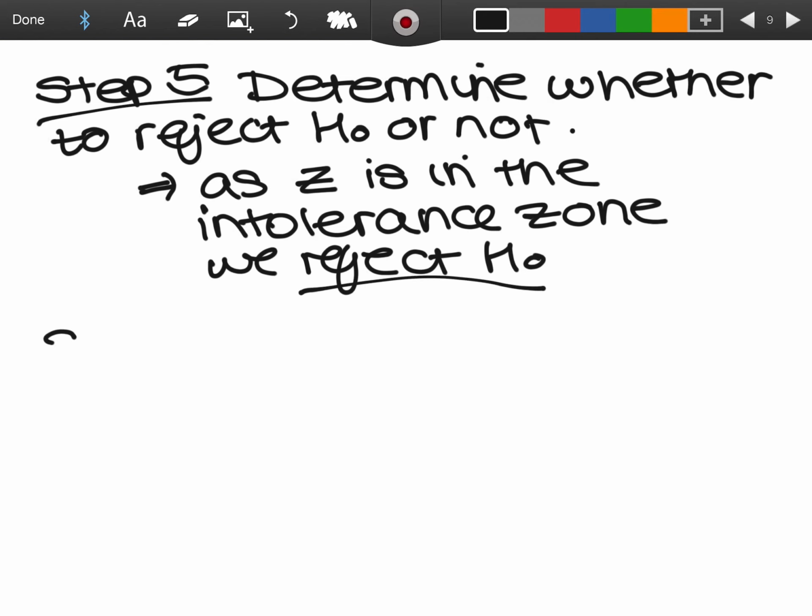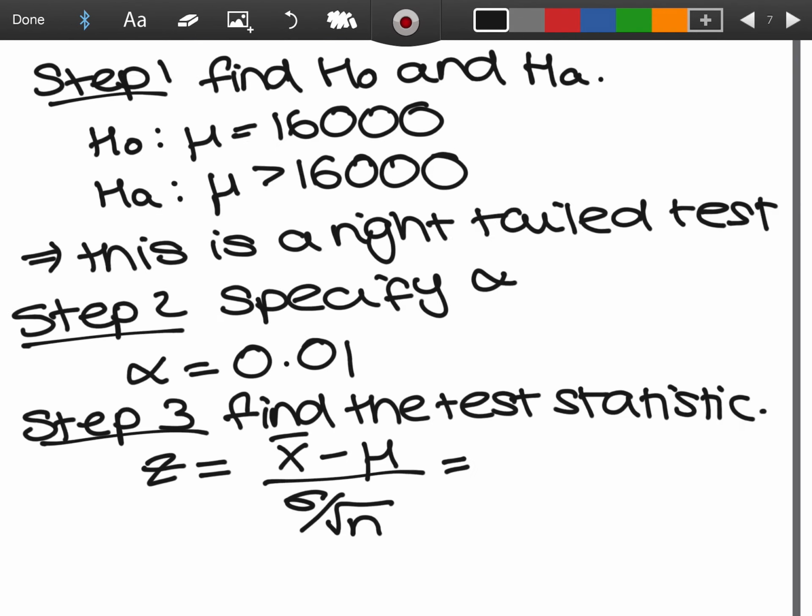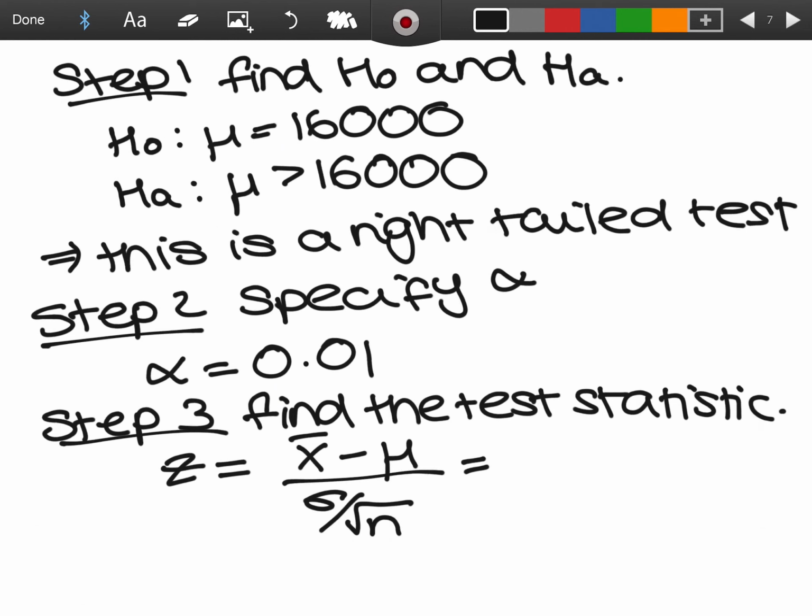Then step 6, put it back in terms of the initial problem. Because we are rejecting our null hypothesis, we are rejecting it in favor of our alternative hypothesis, which means that the mean is actually greater than 16,000. Given his sample data, the sample mean was too far away from our initial guess of the population mean, so overall we think that the population mean is higher than we initially thought.